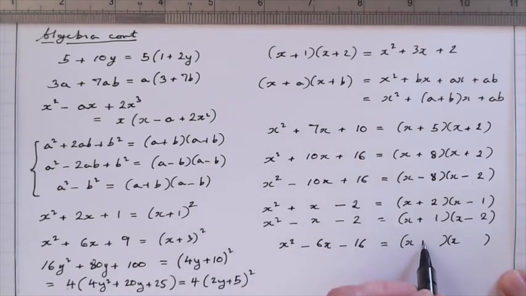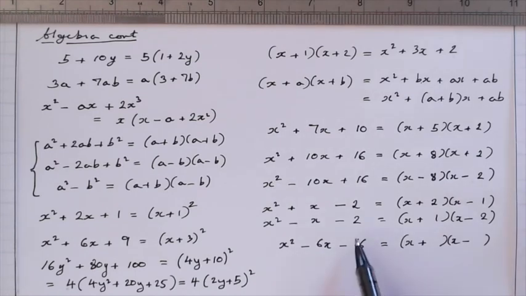We know we're going to have 1 bracket plus and 1 bracket minus, but we then have to do a bit more work. We have to say, well, what are the factors of 16? If they were, say, 16 and 1, I can put them as 16, 1 or 1, 16. If they're 4 and 4, I can just put them in. If they're 8 and 2, there are 2 different ways of putting them in. And you have to sort of play around until you find the right combination.